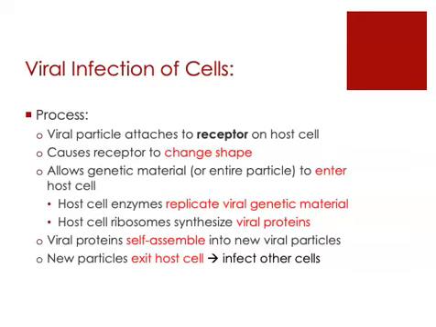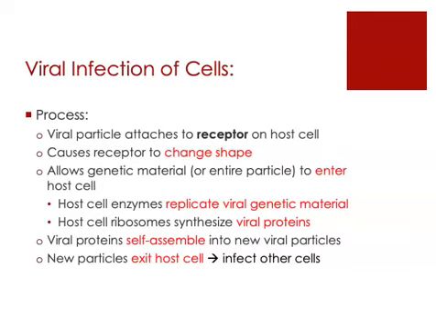So, viruses have to bind to receptors on cells in order to get into the cell. That's the first step of viral infection. What happens exactly when a protein on a virus binds to a protein on a host cell is that those two proteins that have come together and bound to each other, they change shape.